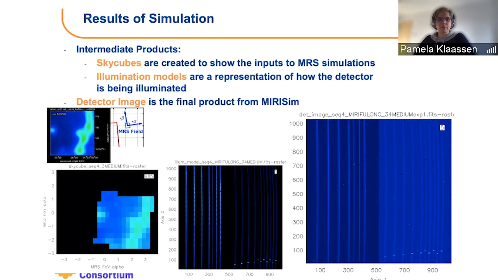In the middle, I'm showing the illumination model, and what you can really see in this, hopefully you can see my mouse, but towards the bottom right of that middle panel, you can see a lot of dots. That's one of the spectral lines coming through in the traces from the spectrometer. And then finally, the large picture on the right is showing the detector image, the final output of MIRISim.